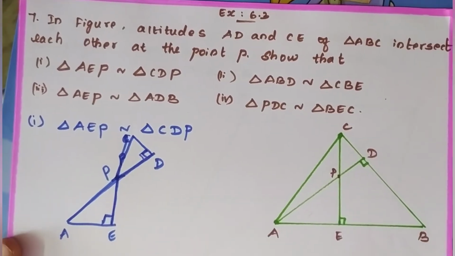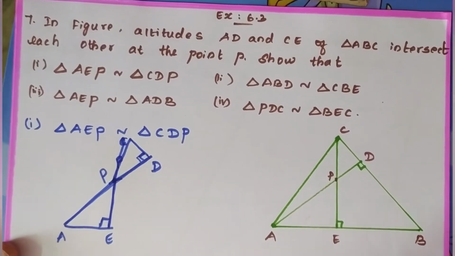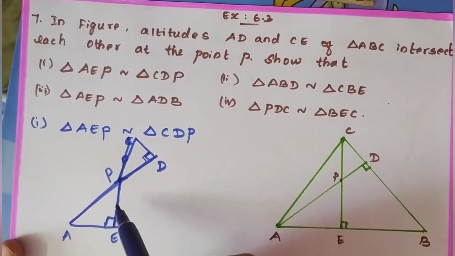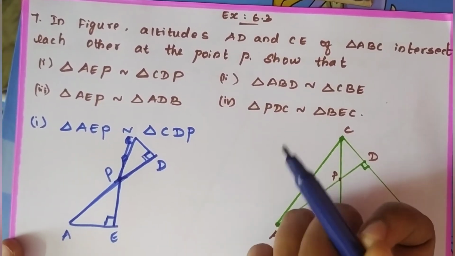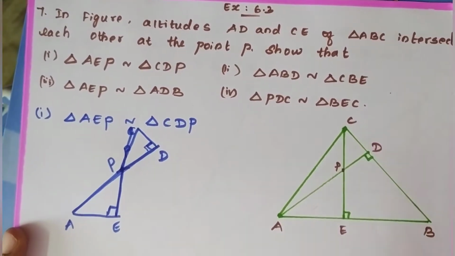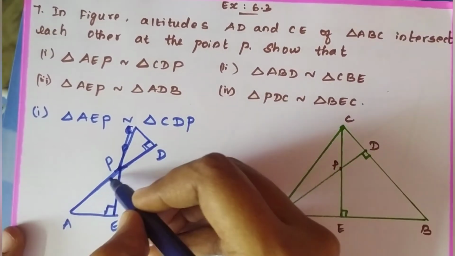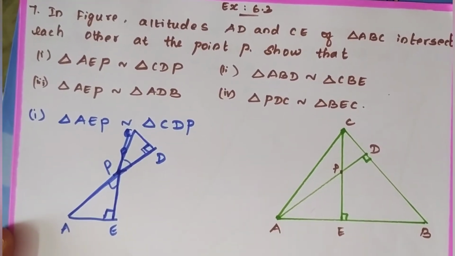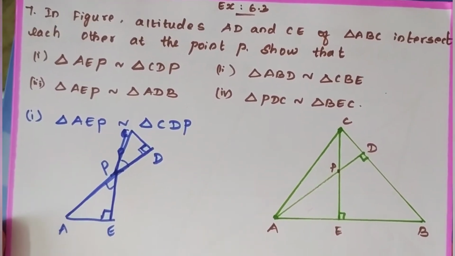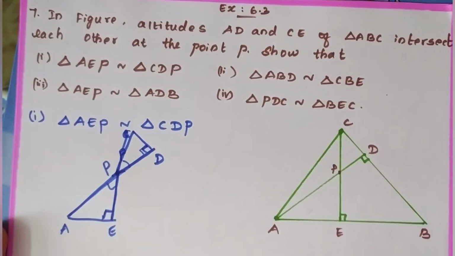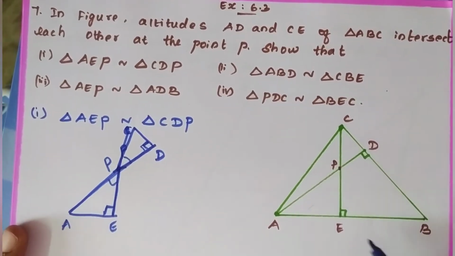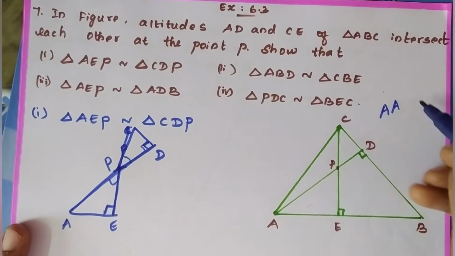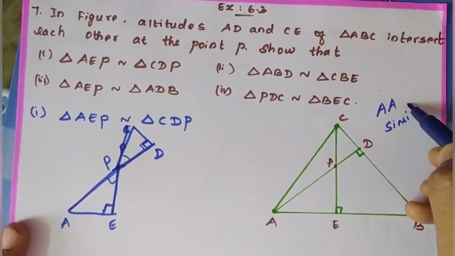That only we know. And see, is any other angle equal? Yes, these two angles are vertically opposite angles, so they are equal. So two angles are equal. I'm going to prove by AAA similarity.